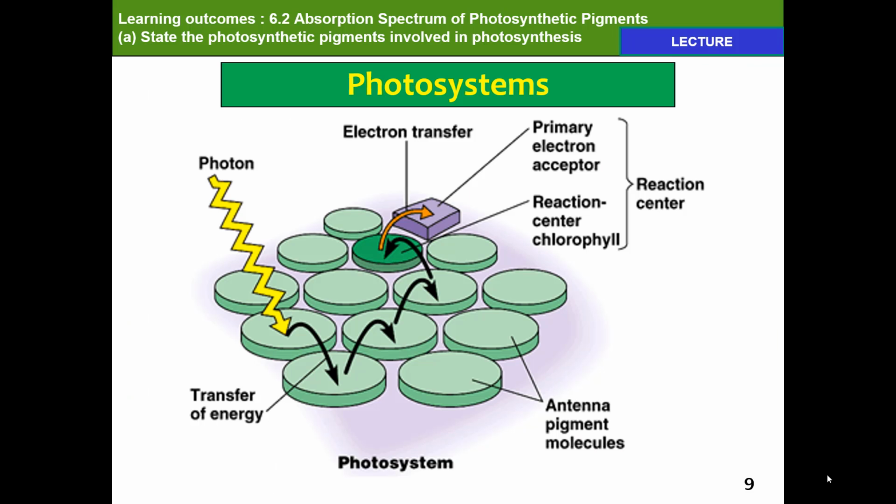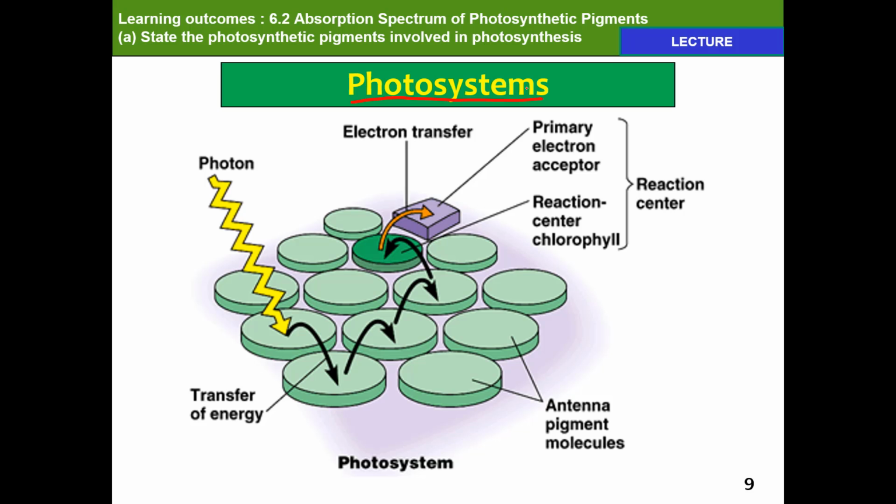In the thylakoid membrane, chlorophyll is organized along with proteins and smaller organic molecules into photosystems. A photosystem acts like a light gathering antenna complex consisting of a few hundred chlorophyll a, chlorophyll b, and carotenoid molecules.